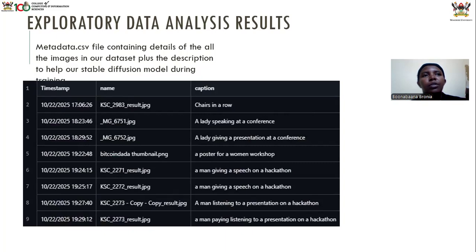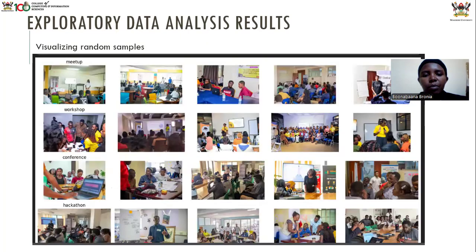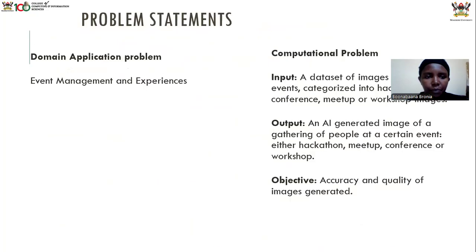Since stable diffusion models interpret or generate images from prompts, our model was meant to learn from these descriptions in order to perform the way we wanted it to perform.